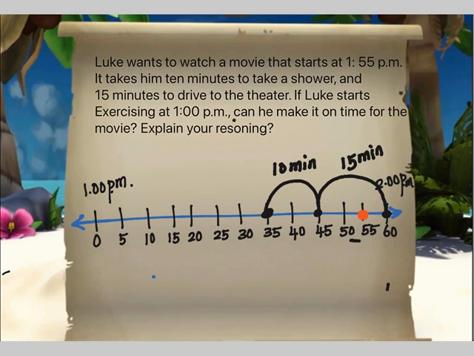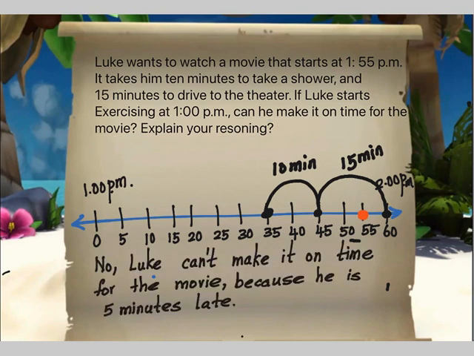Let's restate the question: can he make it on time for the movie? And we also have to give some reasoning. The statement should be, no, he can't make it on time for the movie because he is 5 minutes late.